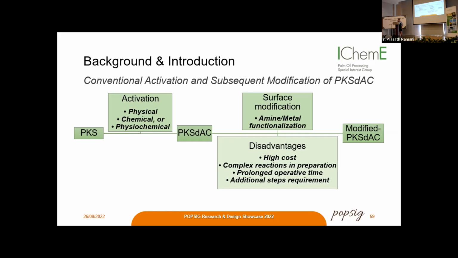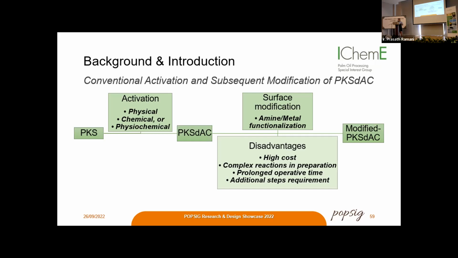In chemical activation, PKS is impregnated in a chemical agent over a duration prior to a simultaneous carbonization and activation process. Physiochemical activation is a combination of physical and chemical activation, in which PKS is first impregnated in a chemical agent, followed by gasification with oxidizing gas.